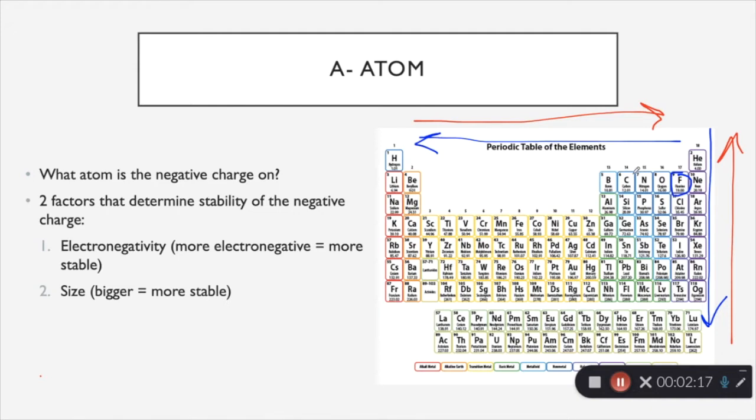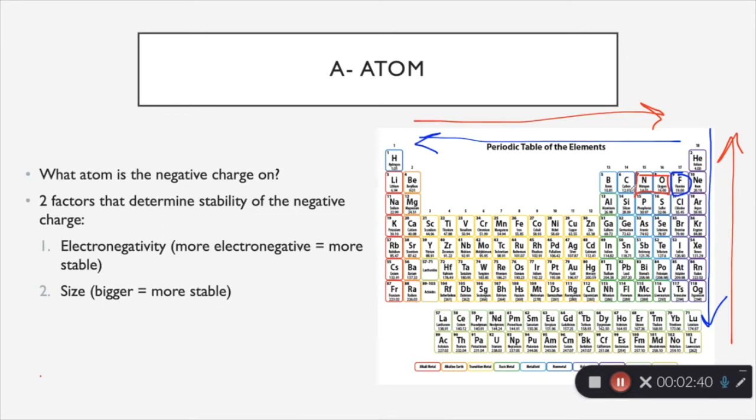So for example, if you're looking at nitrogen versus oxygen, so say you're looking at a molecule and you have a proton on nitrogen and a proton on oxygen, and you want to know which one is more acidic. After you deprotonate both of those, you're left with a negative charge on a nitrogen and you're left with a negative charge on the oxygen.